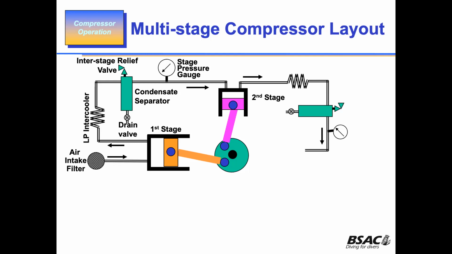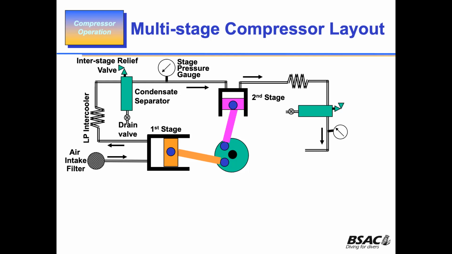And the second stage cylinder is on the crankshaft, exactly the same as the first stage. They're cycled in such a way so that they work correctly in sequence. And that's a smaller cylinder. As that second stage comes down, it allows the air that's between the first stage and the second stage to be drawn into the second stage compressor cylinder.